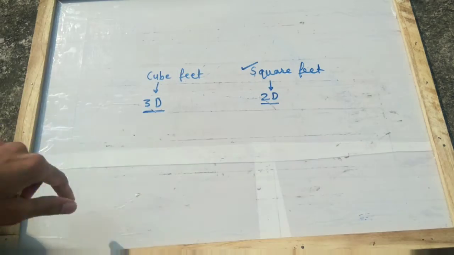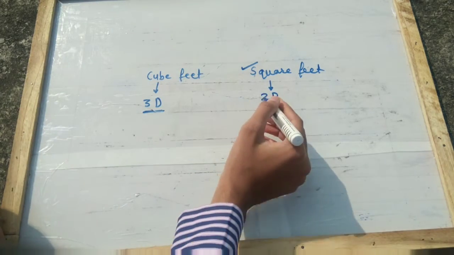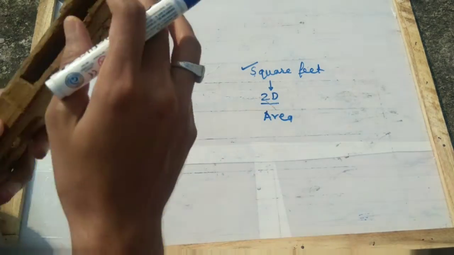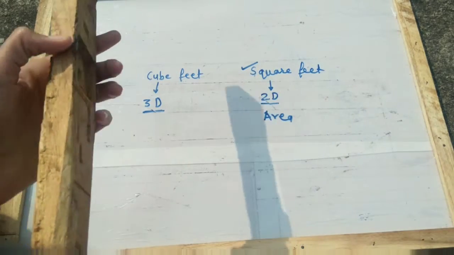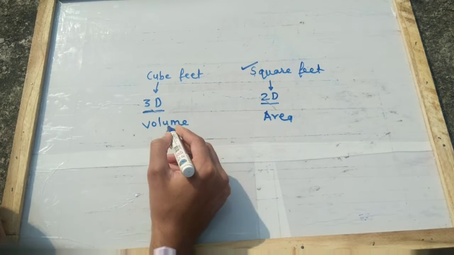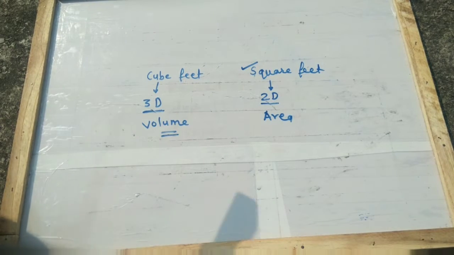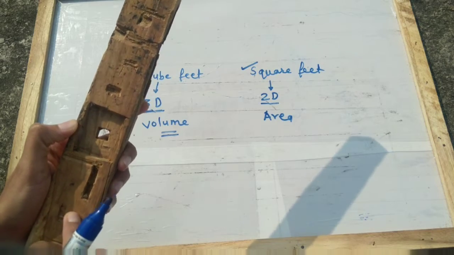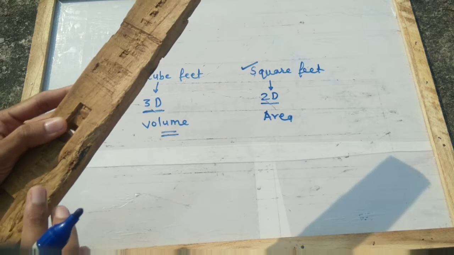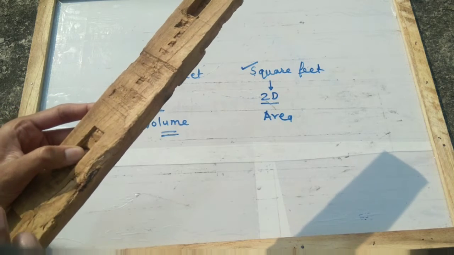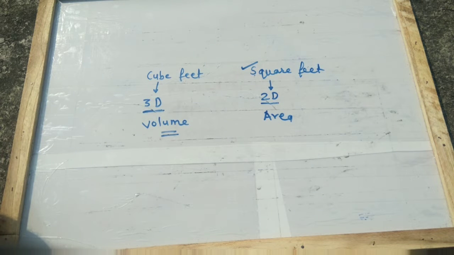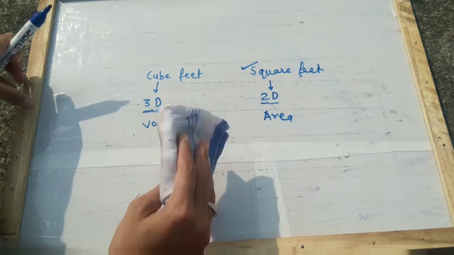So for painting we only calculate square feet, meaning area, and if we need all this size, therefore we need to calculate the volume of this wood piece. So friends, I am going to teach you how to calculate the size and take an example to calculate the price of this wood. So friends, let us move forward.